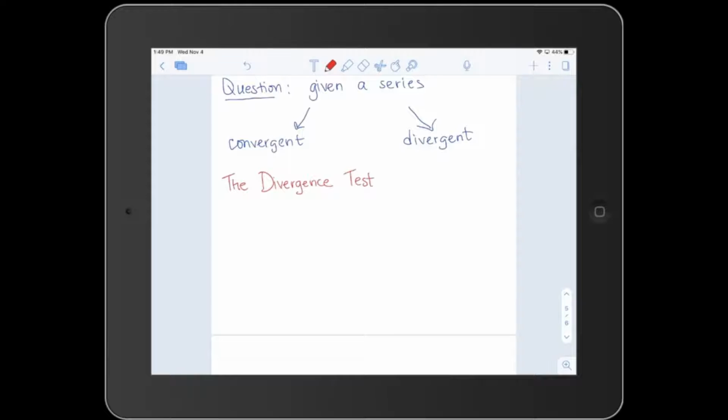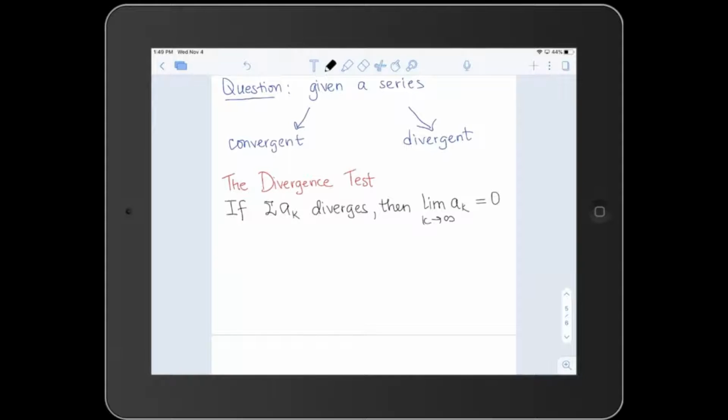What does the divergence test say? It says the following. If the infinite series diverges, then the limit of the terms as k goes to infinity is equal to 0.